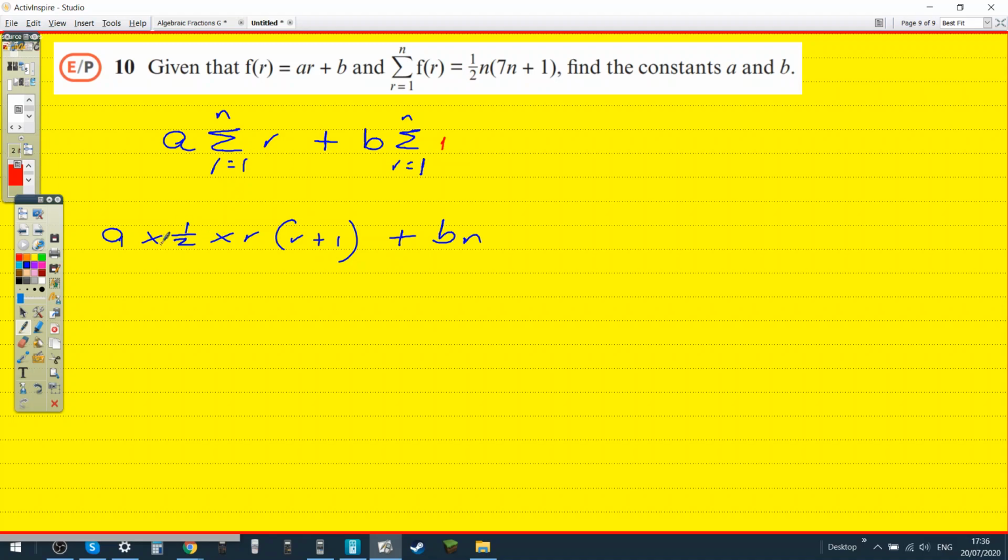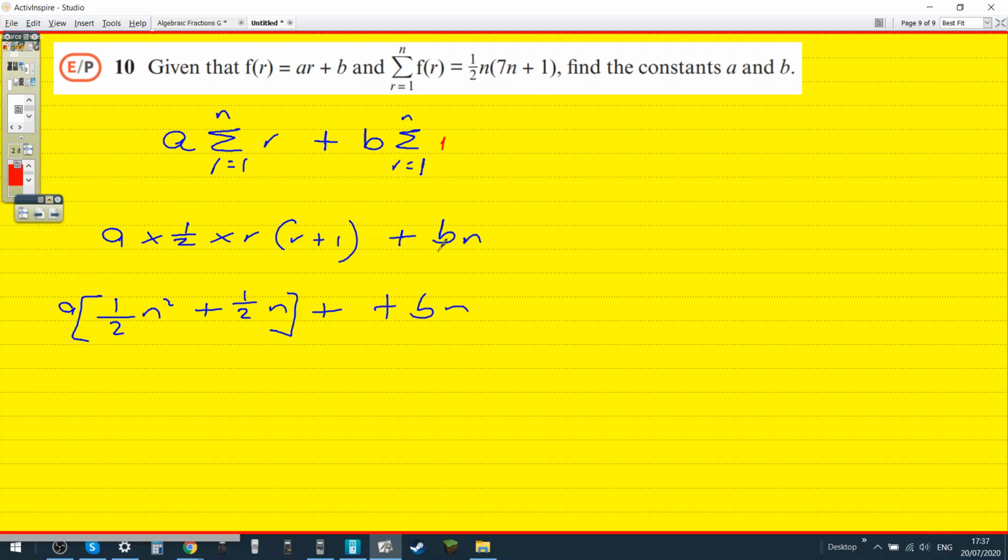So n squared plus n over 2, times A, plus Bn is equal to half n times 7n plus 1.